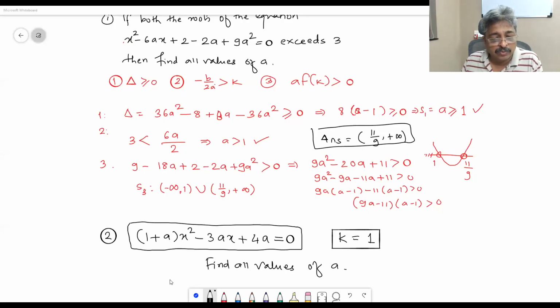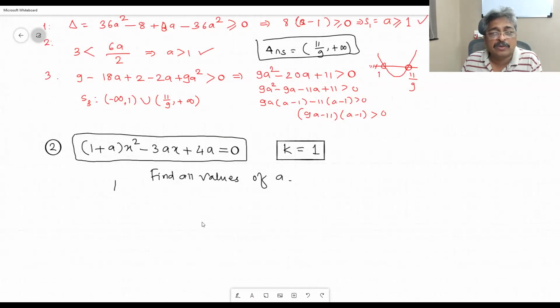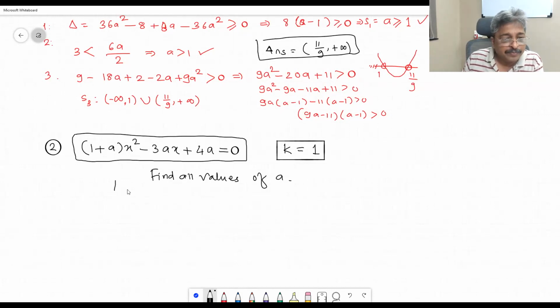Chalo. So same conditions. Only problem you have is the coefficient also has a with it. That is not a big problem. Delta: 9a square minus 4 times 4a into 1 plus a should be greater than equal to 0.